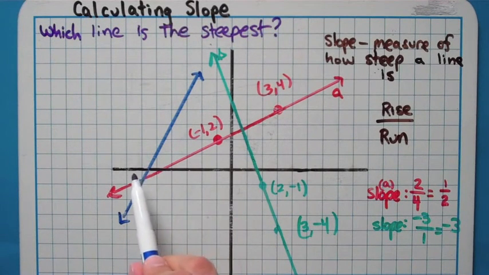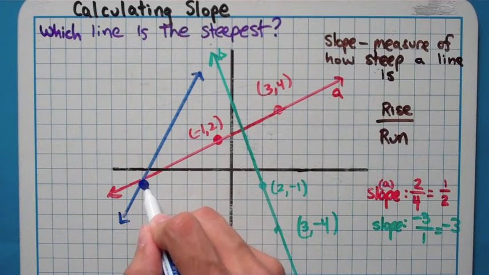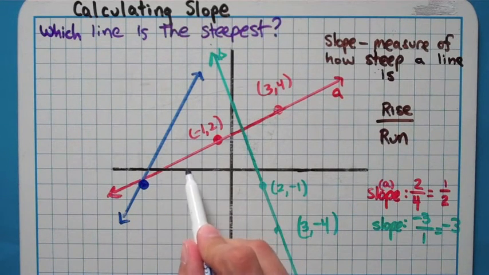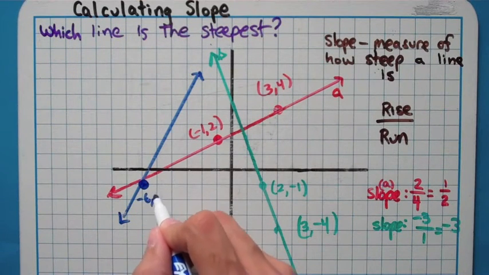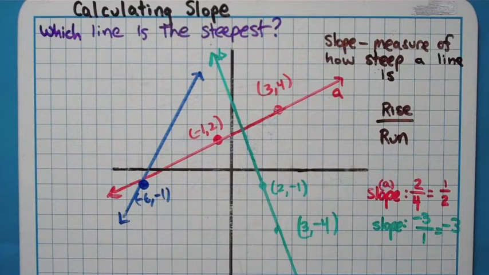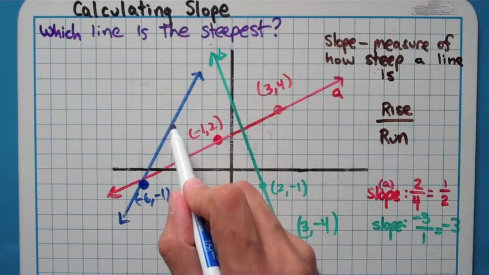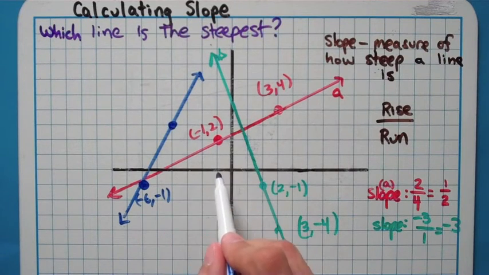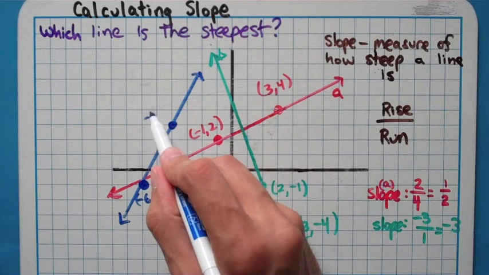So looking at my graph, I see one such point down there. It goes right through that crosshair at -1, 2, 3, 4, 5, 6, so (-6, -1). You can draw that point on your own graph. And I see another one right here. That would be the point 1, 2, 3, 4, so (-4, 3).